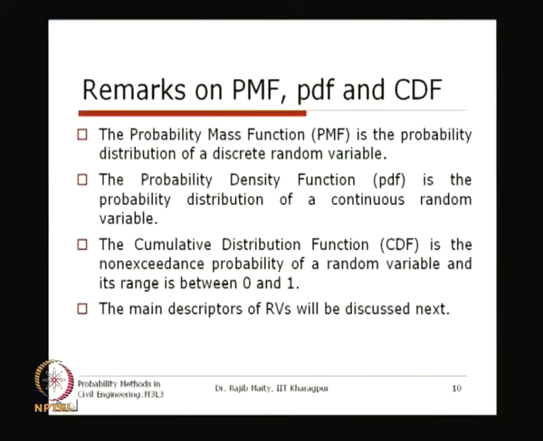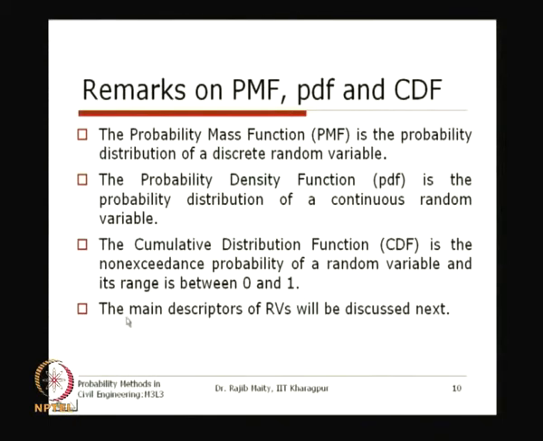Some notes on this: the probability mass function is the probability distribution of a discrete random variable. The probability density function is the probability distribution of a continuous random variable. The cumulative distribution function is the non-exceedance probability of a random variable, and its range is between 0 and 1.